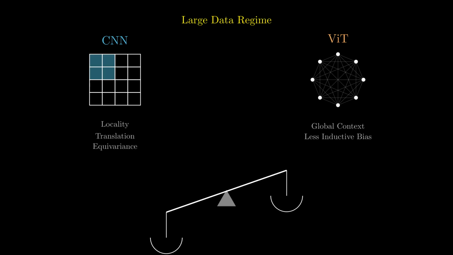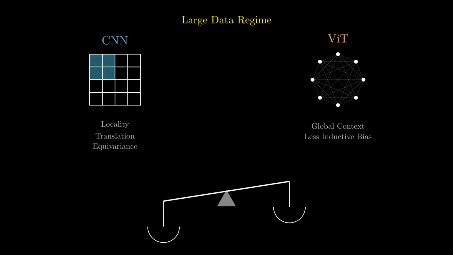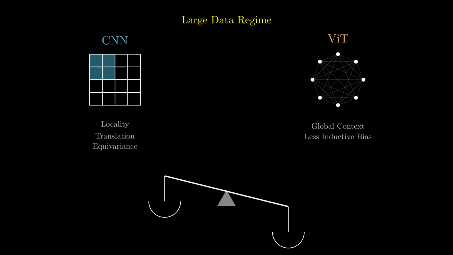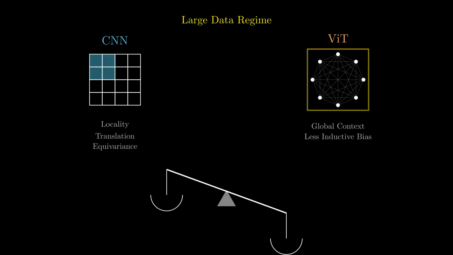When trained on massive datasets, like JFT-300M, the picture changes completely. The CNN's rigid rules now become limitations. The transformer, free from these constraints, learns more flexible and powerful patterns directly from the raw data. As the authors state, large-scale trumps inductive bias.